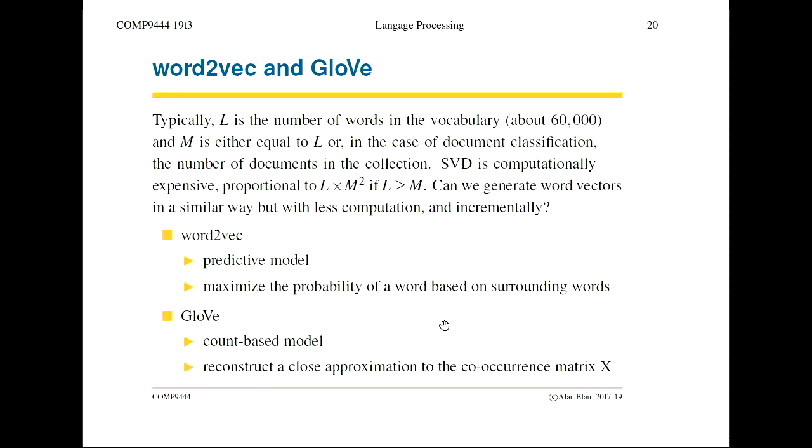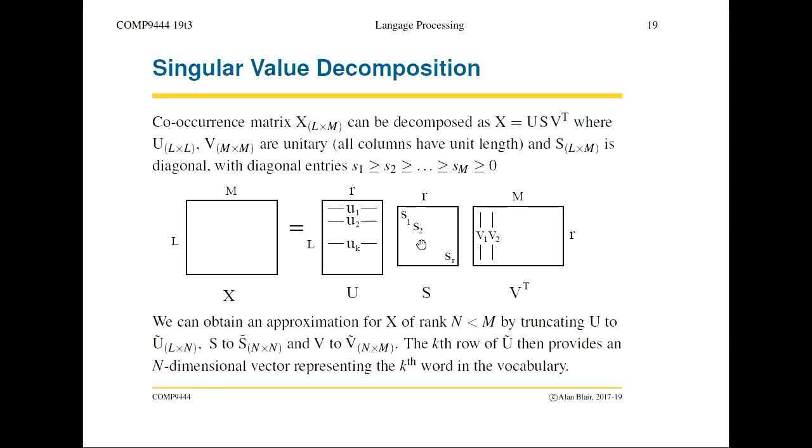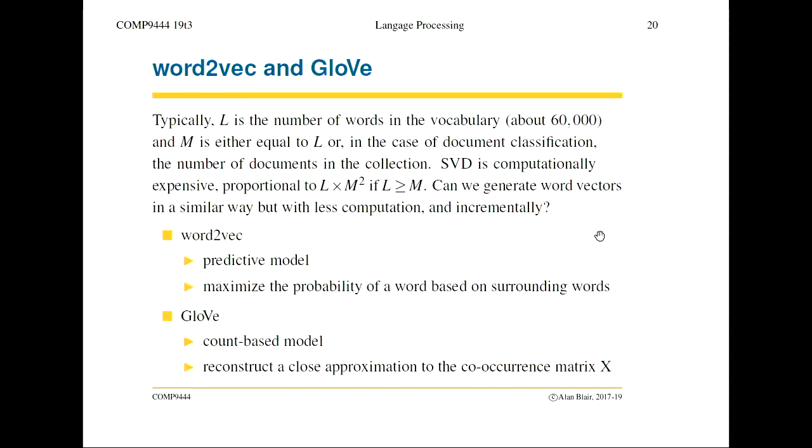Now, there's a method called GloVe which tries to explicitly approximate the co-occurrence matrix based on counts of word occurrences. But the model we're going to focus on is word2vec, which is a predictive model, and it implicitly performs this singular value decomposition, but not explicitly.